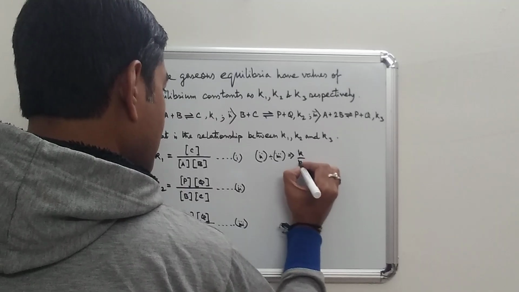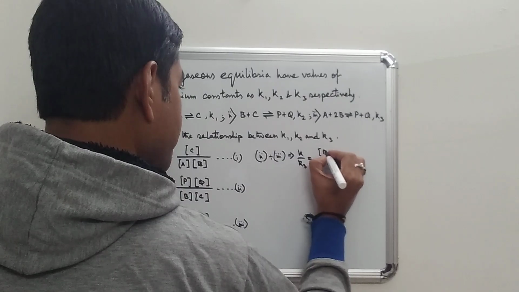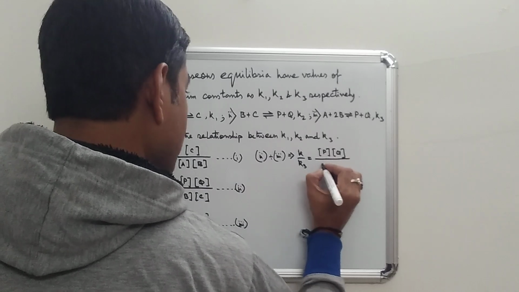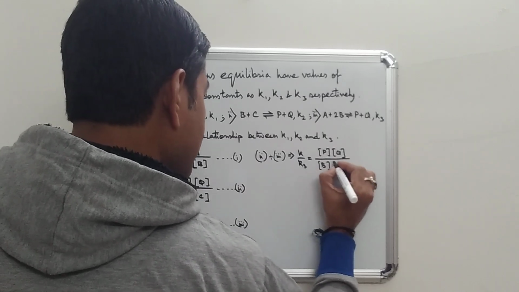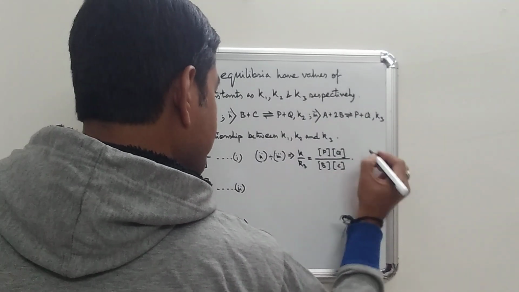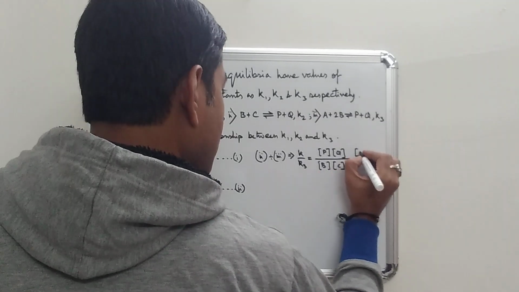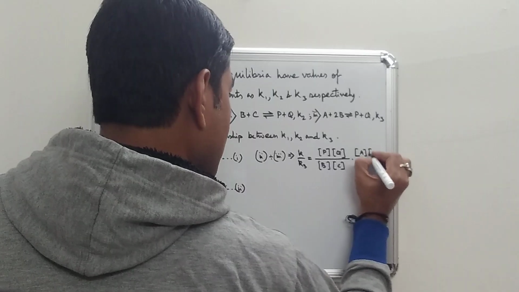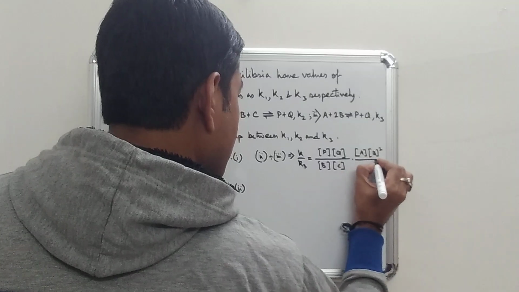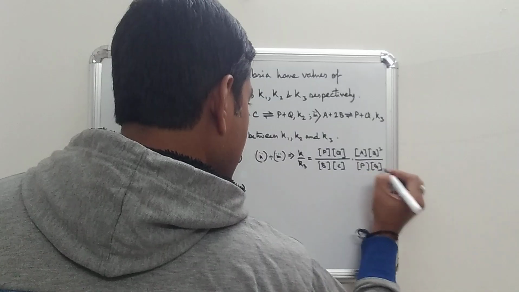K2 by K3 is equal to P multiplied by Q divided by B multiplied by C concentrations, into, for K3, that will be in the numerator, and in the denominator there will be P concentration multiplied by Q concentration.